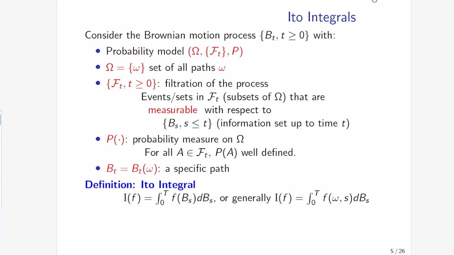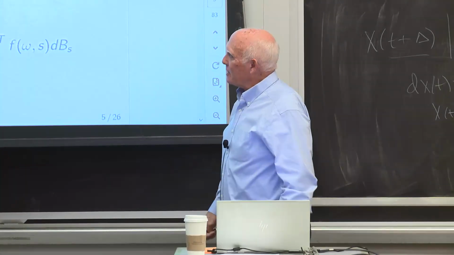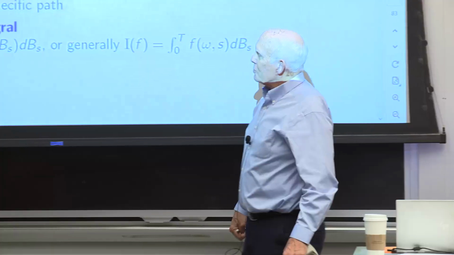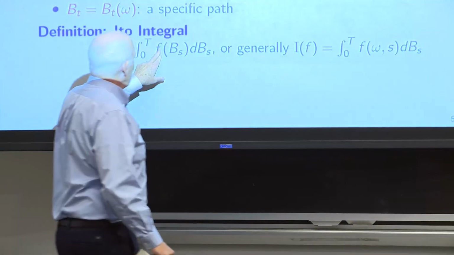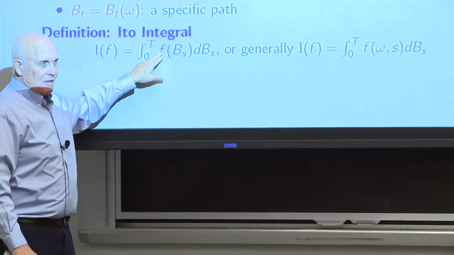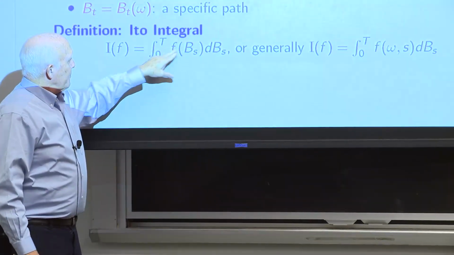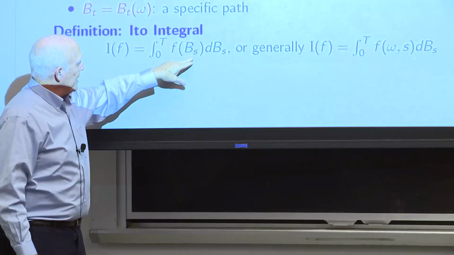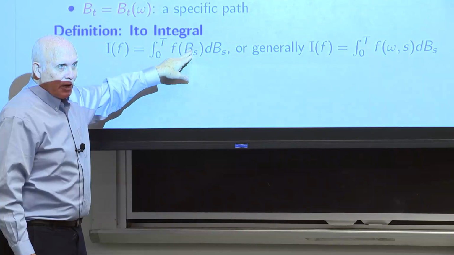And so we then want to consider the Ito integrals with respect to Brownian motion. First, where we consider simple real functions, where f of B_s is the value of little f evaluated at the position value of the Brownian motion.